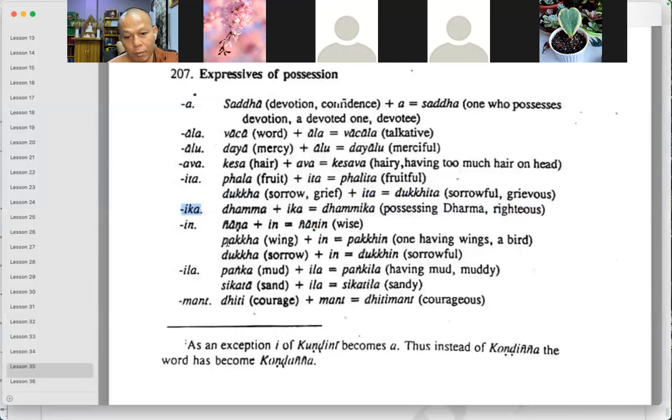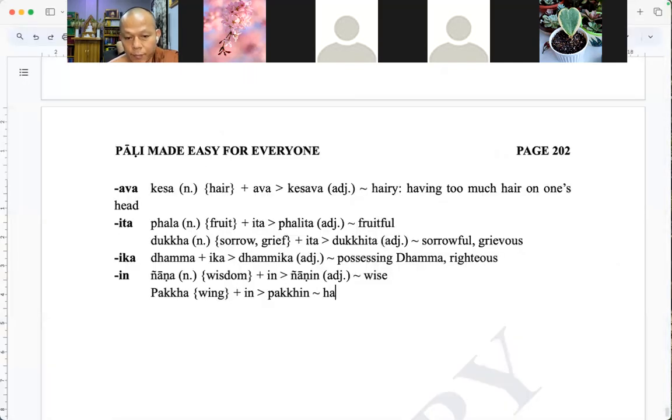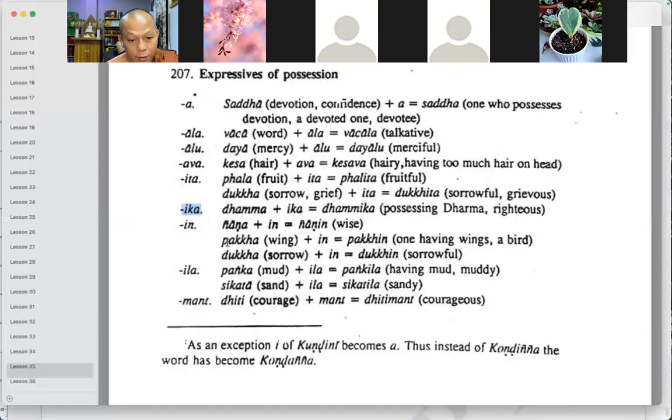So bekke, one having wings, that means a bird.